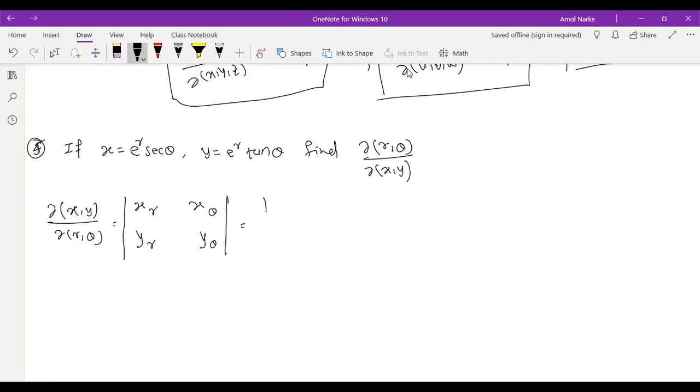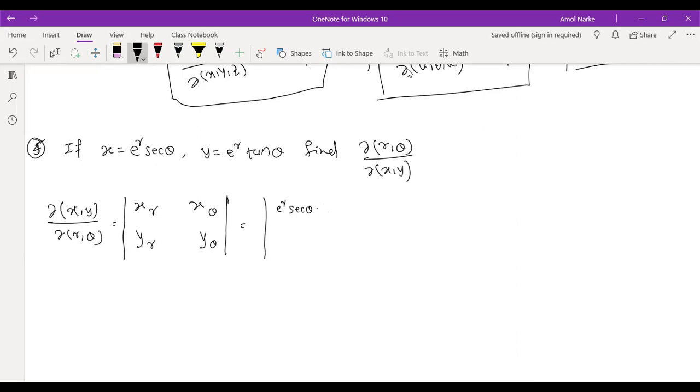So tell me, what is x with respect to theta? e raised to r sec theta tan theta. Very good. No, x with respect to r is nothing but e raised to r, tan theta as it is, sec theta as it is.